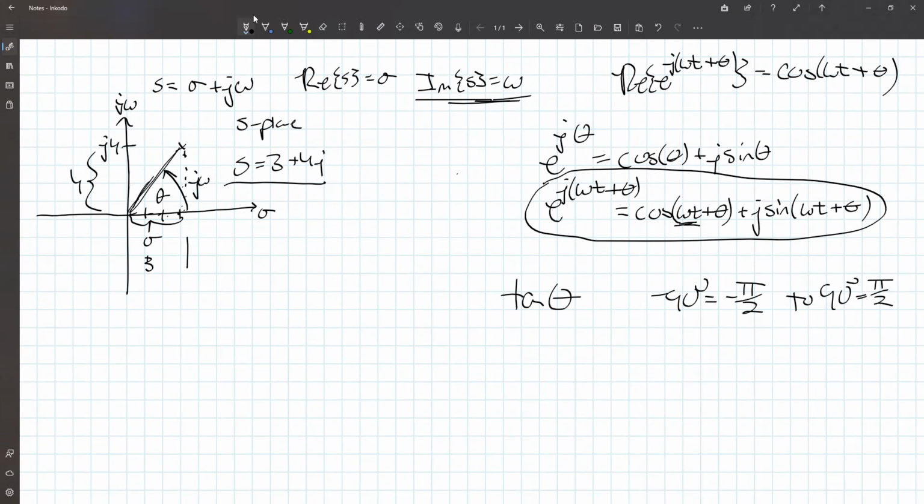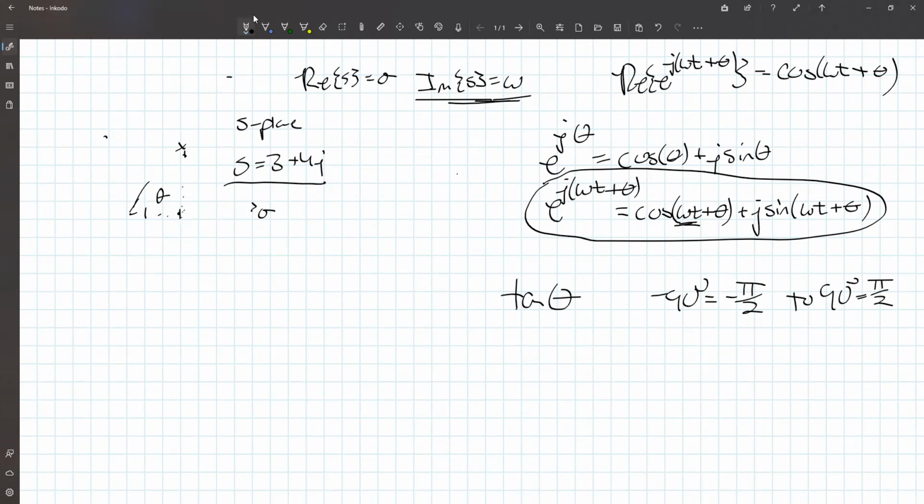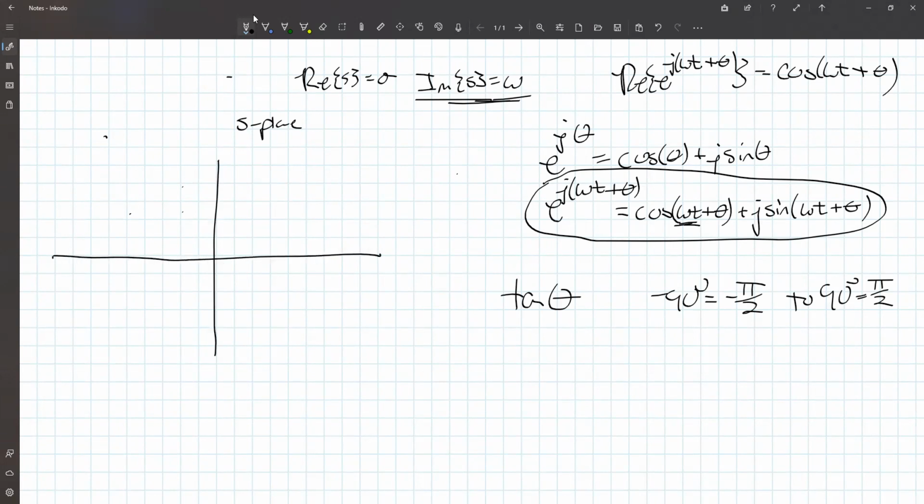And what if I had, let's get rid of some of this. If I had a complex number that was out here.